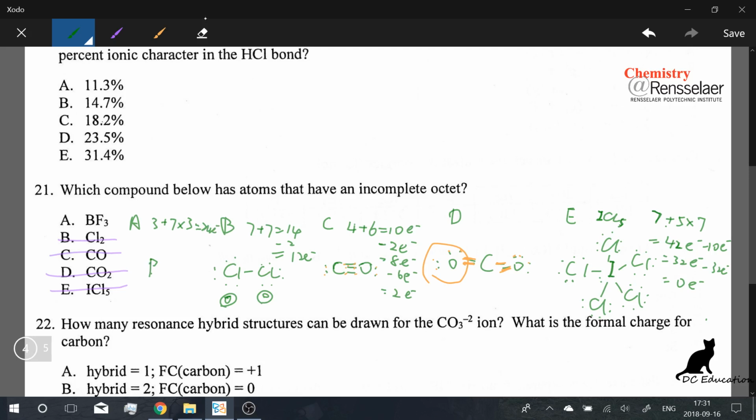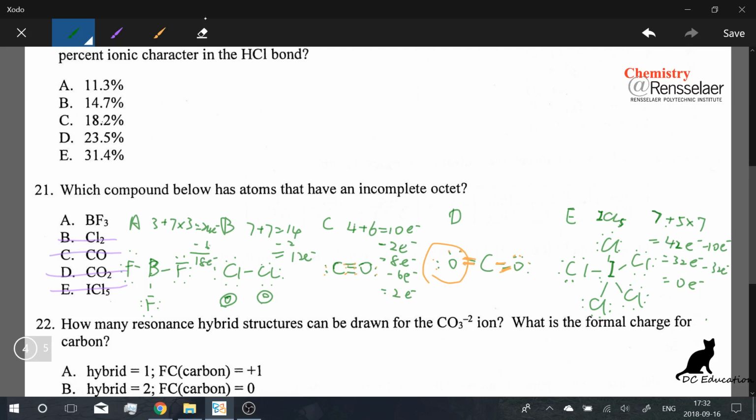Let's put boron in the middle and connect F, F, and F. Minus 6, we still have 18 electrons left. Let's put those around the fluorines, and it works out perfectly.